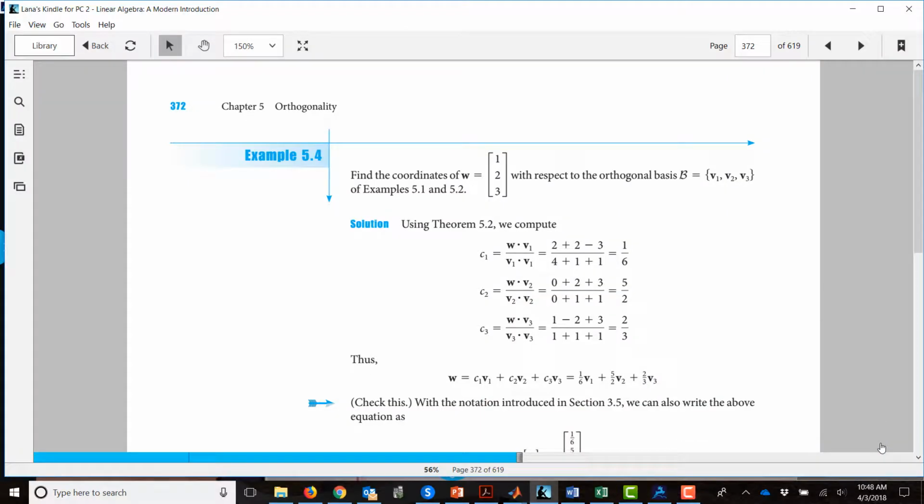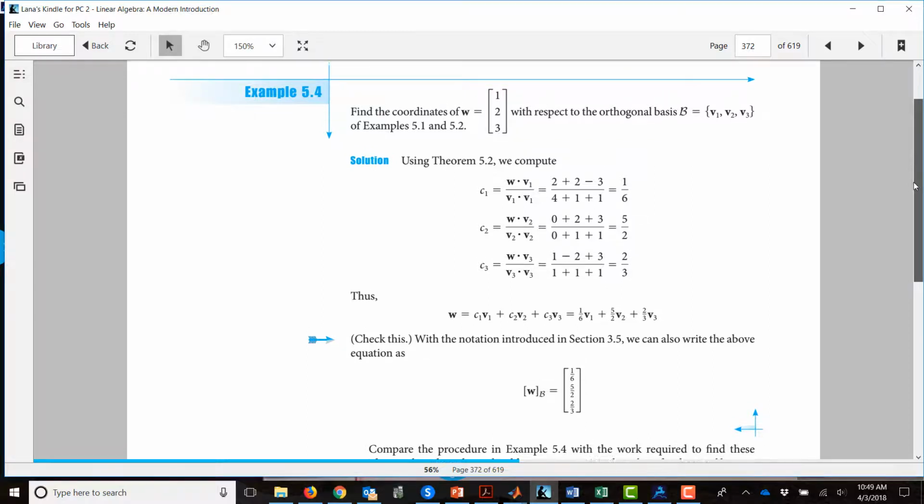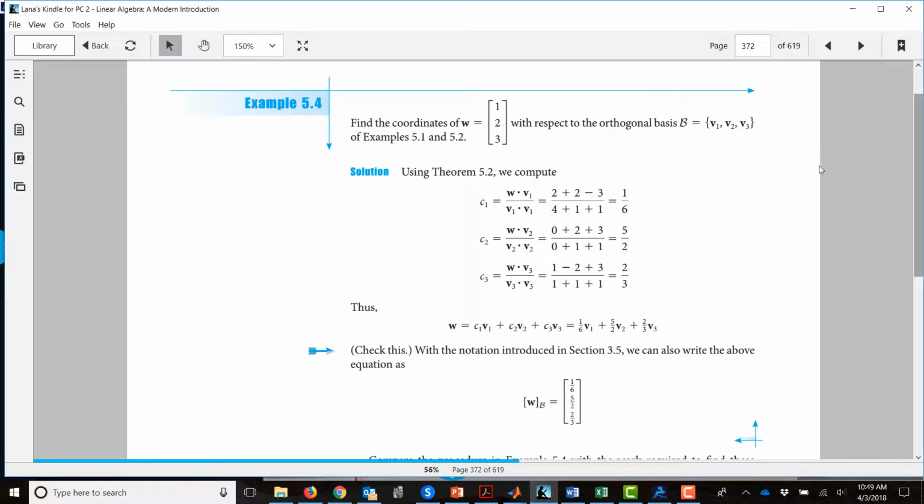Yeah, so I want to try and talk a little bit about example 5.4 from the book because it's useful. So we have w is 1, 2, 3. And it says, find the coordinates with respect to the orthogonal basis. What you're really doing is you're trying to express it in terms of v1, v2, v3.